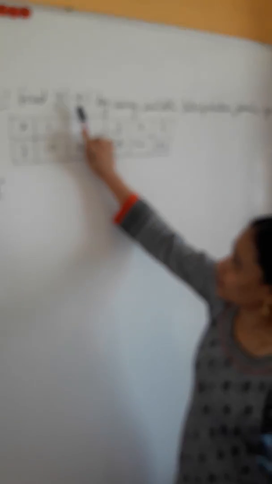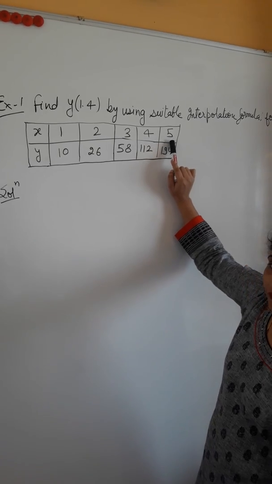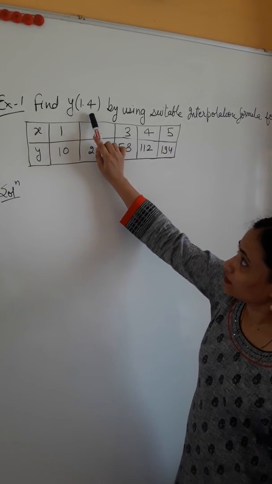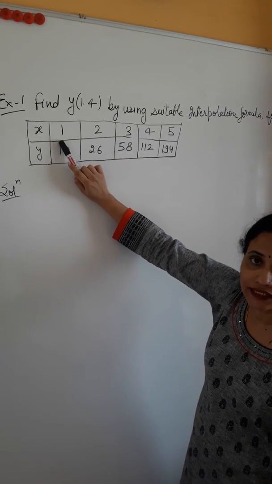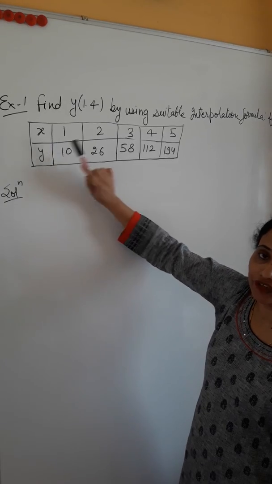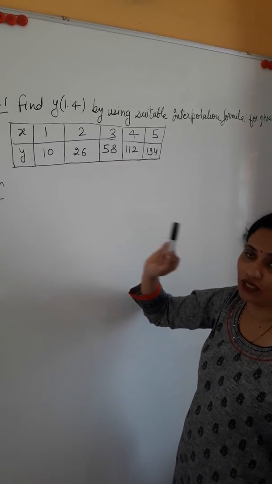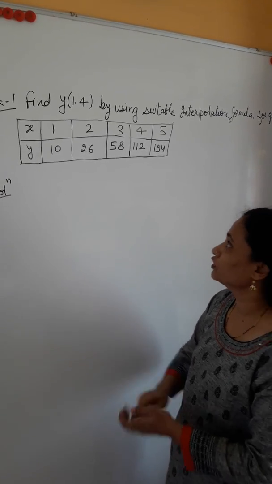Now you see whether this 1.4 is closer to 1 or 5. If you see, this is closer to 1. So when the unknown point is close or near to the initial point, we have to apply the forward interpolation formula. So for this question, we have to apply the forward interpolation formula.